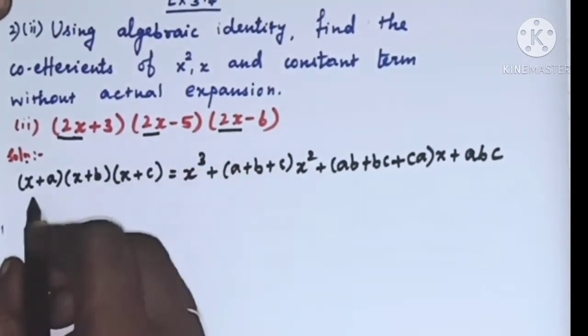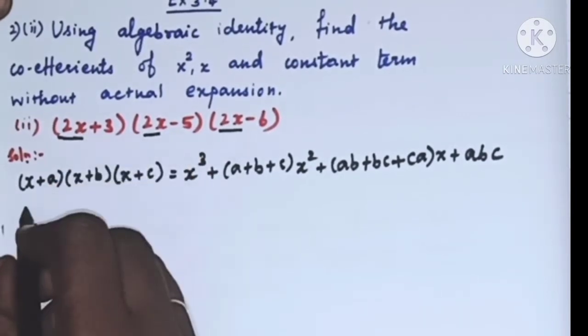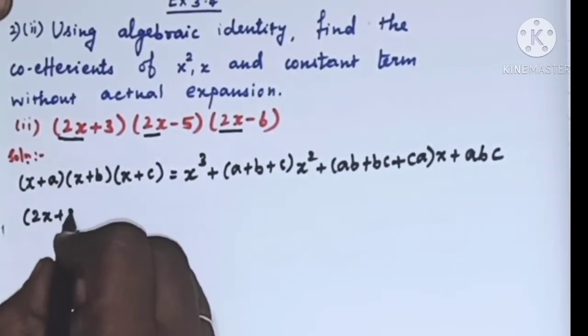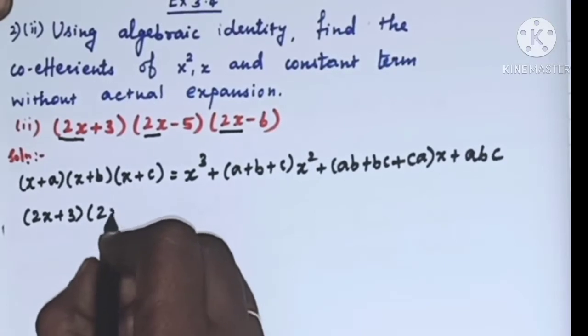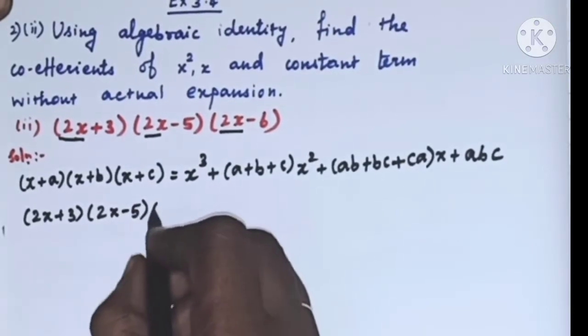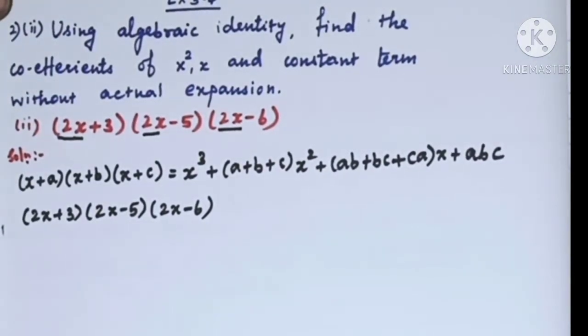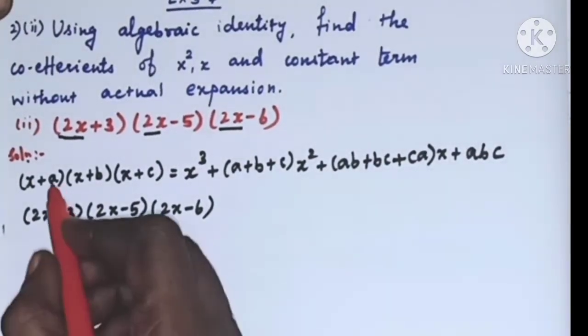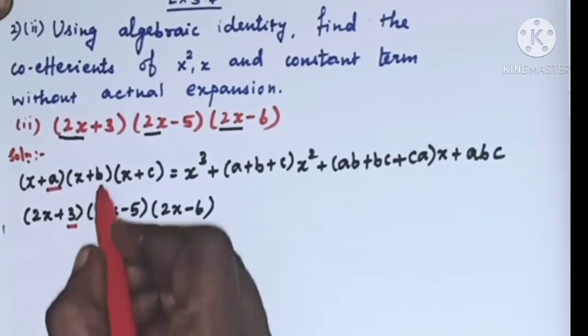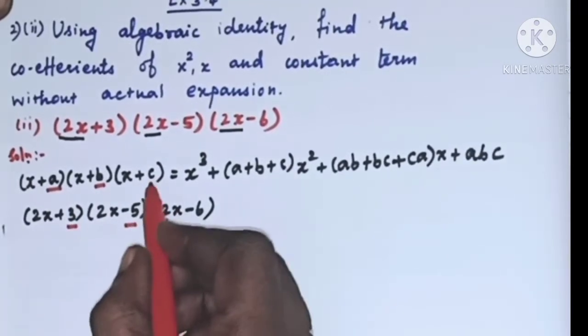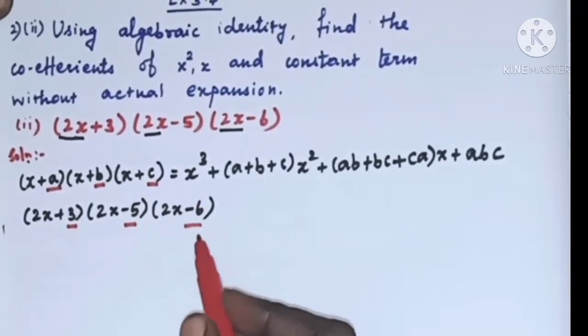So in the question they have given 2x plus 3 and 2x minus 5 and 2x minus 6. So in the place of a we have 3 here, in the place of b we have minus 5 here, in the place of c we have minus 6 here.